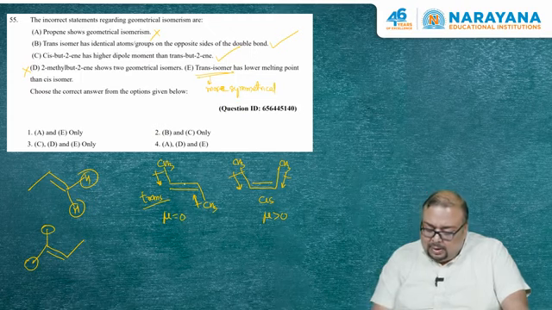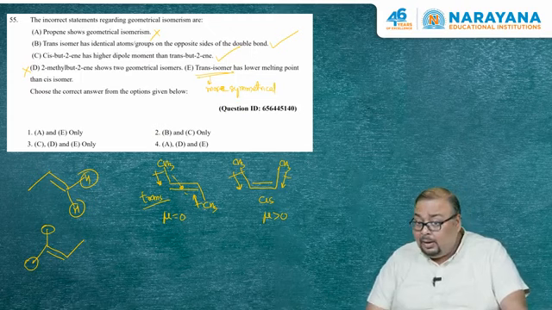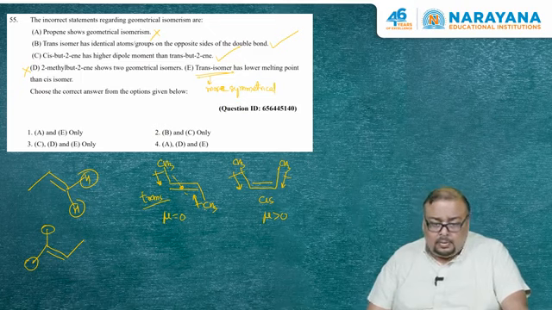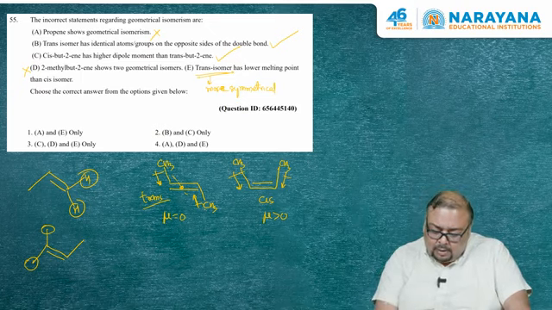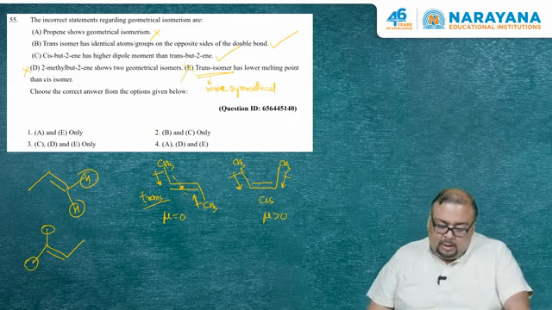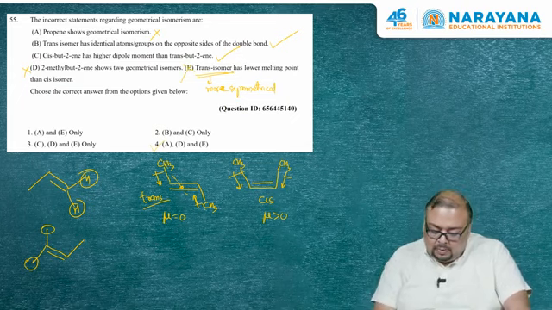In the trans isomer, like this one, there will be a center of symmetry, which makes the molecule highly symmetrical and hence increases the melting point. So the trans isomer should have a higher melting point than the cis isomer. So option E is also incorrect. So A, D, and E are incorrect, and the correct answer is option 4.